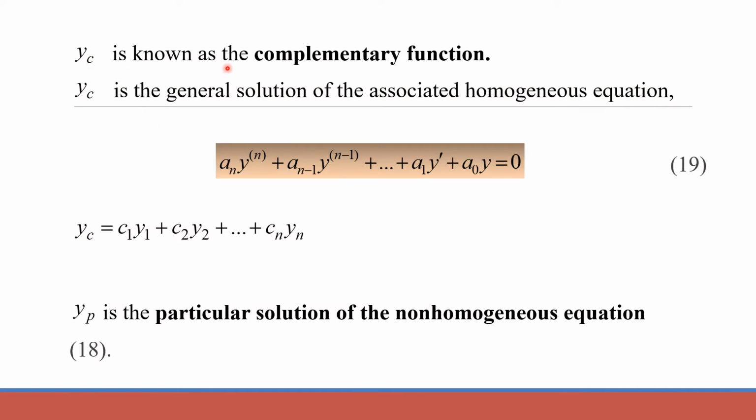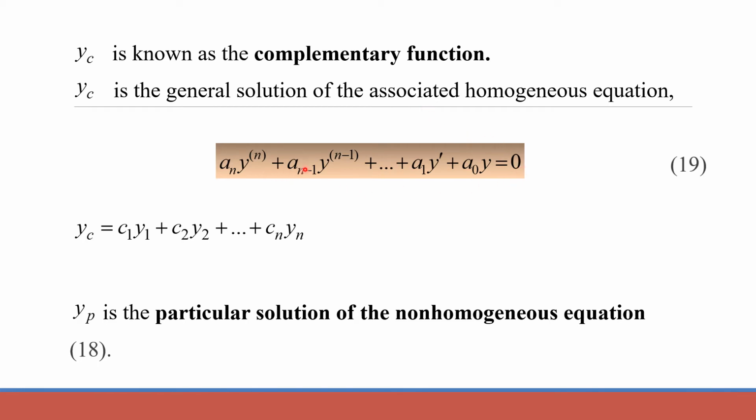yc is known as the complementary function. That is, it is the general solution of the associated homogeneous equation. Equation number 19 is similar to equation number 18 except that g(x) has now been replaced by 0. So equation number 19 is the homogeneous equation associated to equation number 18.